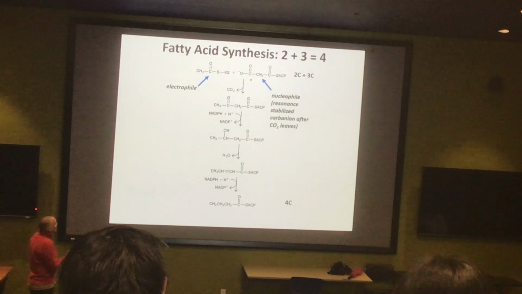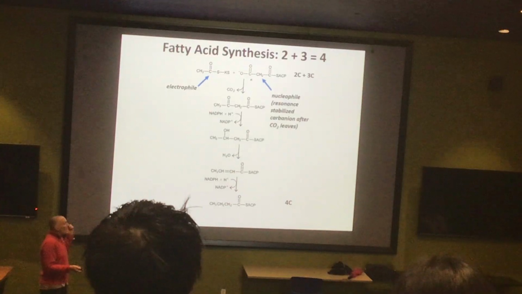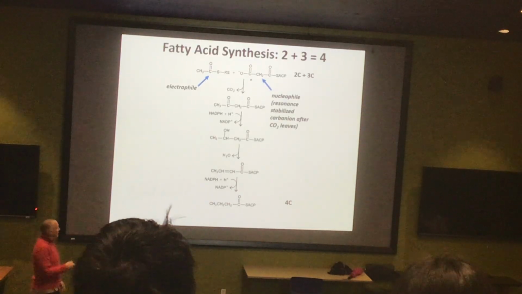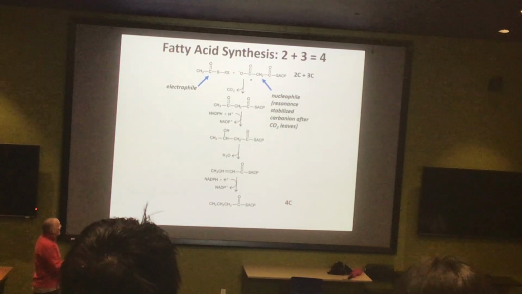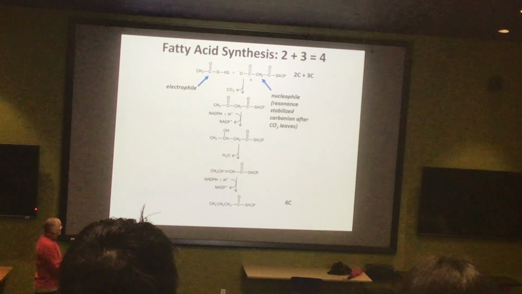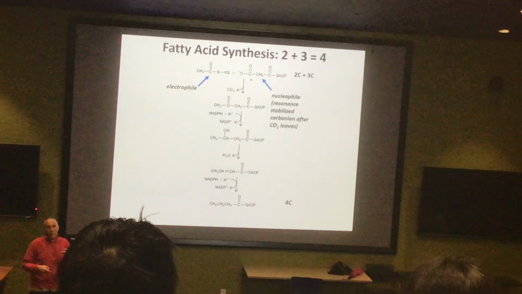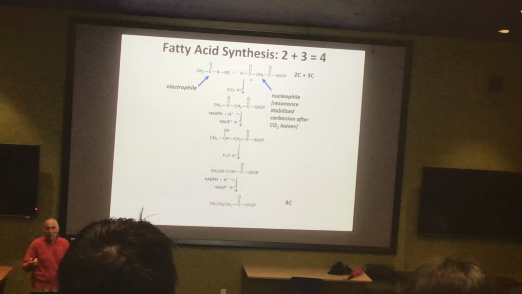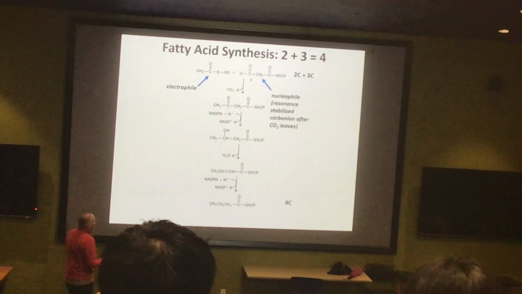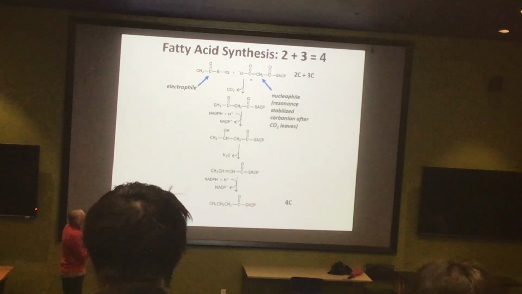Well, we have electrons. There's those NADPHs, which were generated either in the pentose phosphate pathway or just recently generated in a reductive swap. We reduce them right to the alcohol. We lose a water. 2 plus 3 is equal to 4, we of course lost that one carbon from the carbon dioxide.